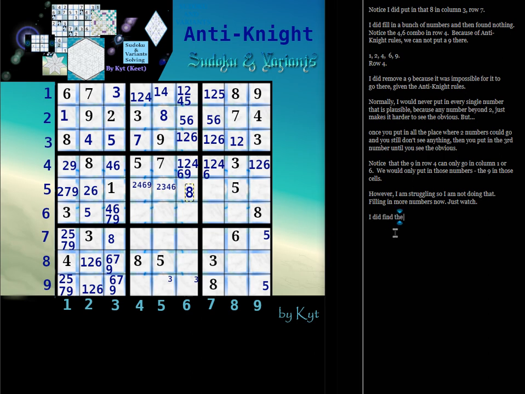I did find the obvious 8 that was given, finally. I also used a solver, and that solver was useless at finding these steps and telling me anything.